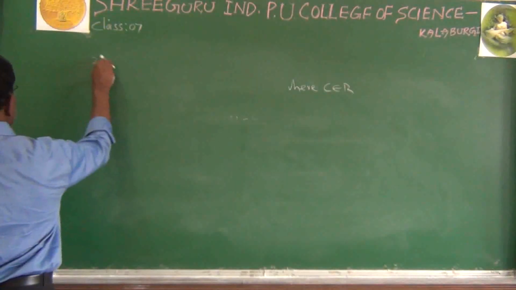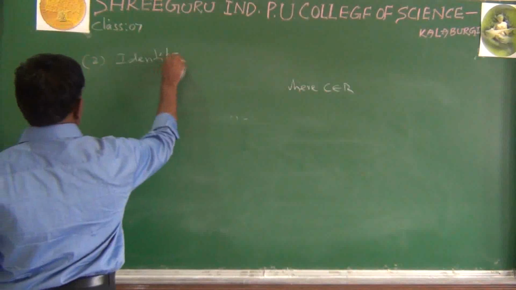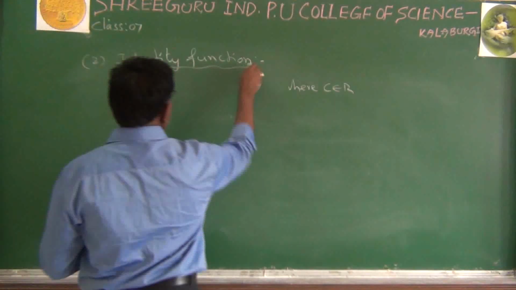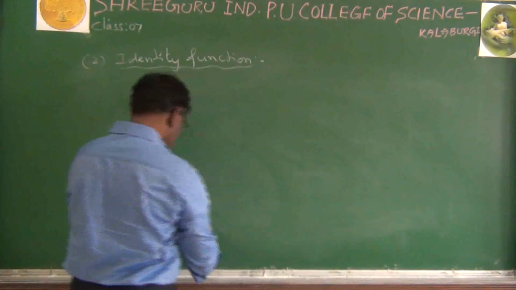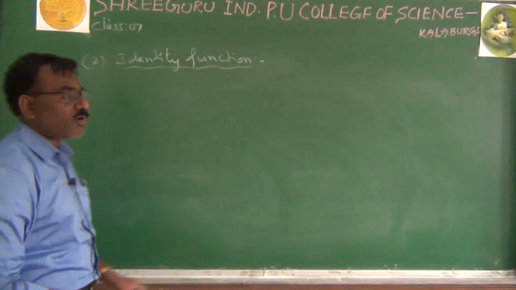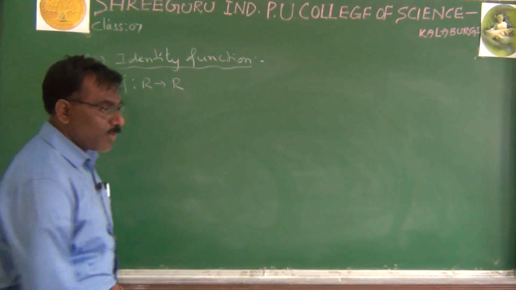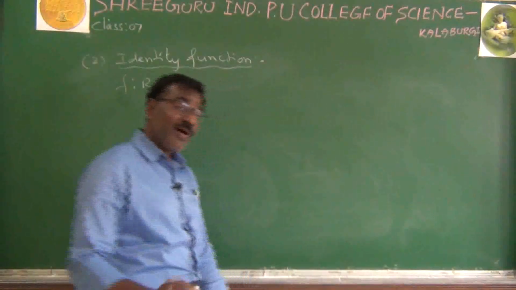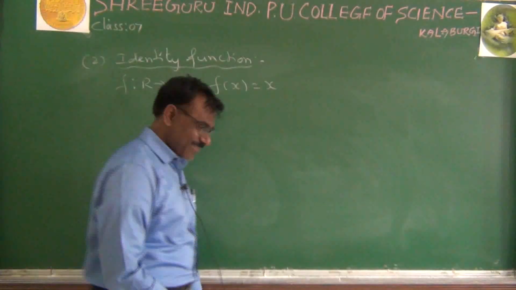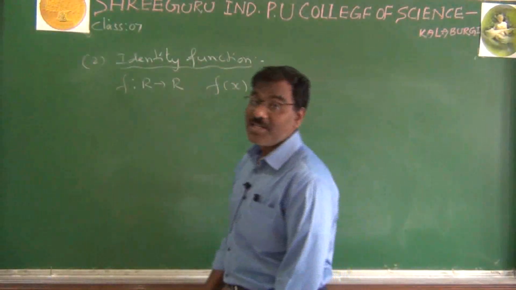Then notice the next definition, identity function. What is identity function? The function f from R to R defined by f of x is x is called the identity function.